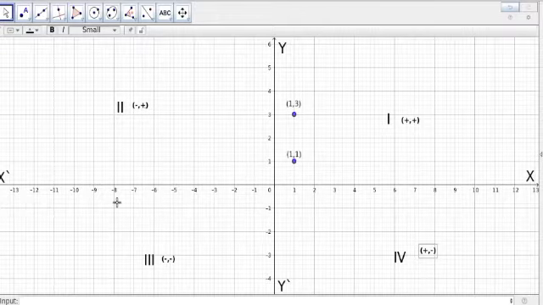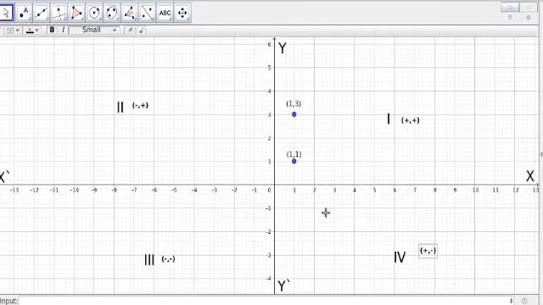And in the third quadrant, see this is the third quadrant. What about the numbers on the x-axis? They are negative numbers. And what about the numbers on the y-axis? They are also negative. So both the numbers in this quadrant are negative. And next is the fourth quadrant.